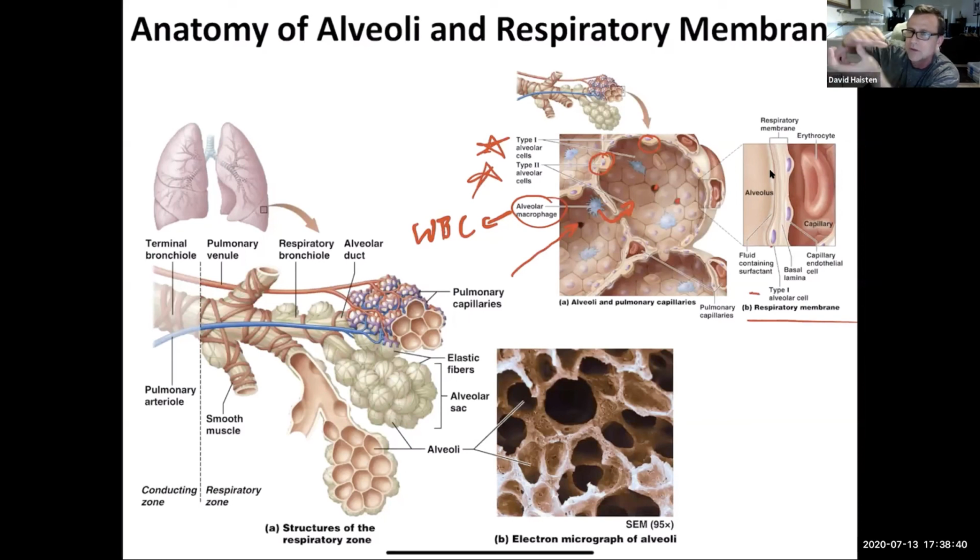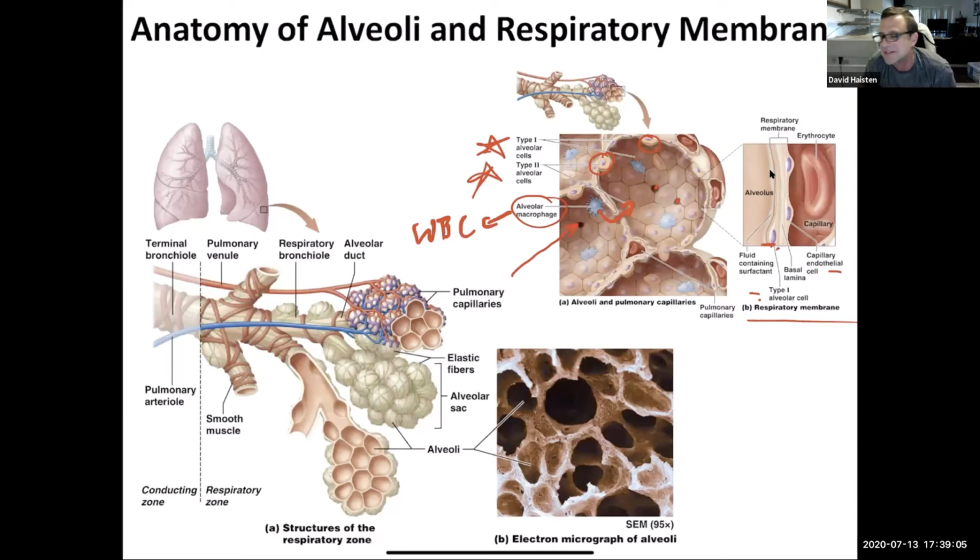Rather than having connective tissue below it, we have a full-on basement membrane. On the other side, we have the simple squamous epithelial tissue that is the tunica intima of a capillary. So we have squamous cell, type 1 alveolar, basal lamina, and then a capillary endothelial cell.